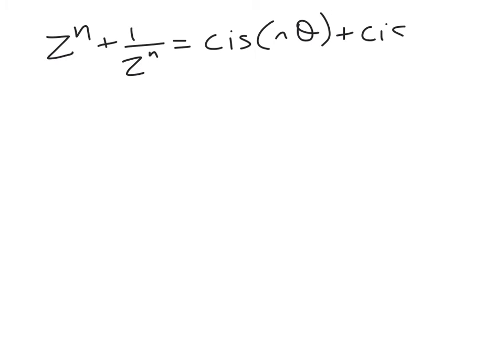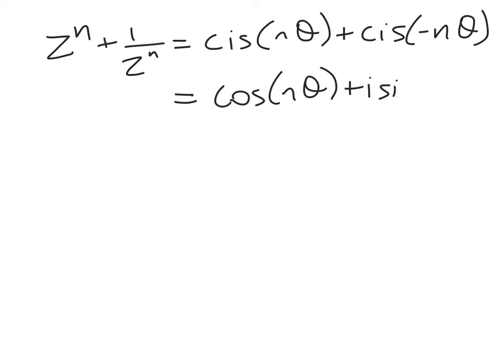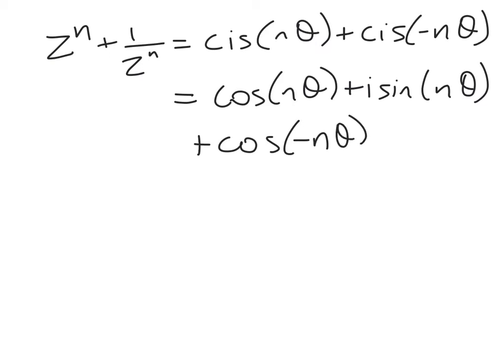So z to the power of n plus 1 over z to the n is equal to cis n theta plus cis negative n theta. Now I'm going to expand it out and get the real part and the imaginary part. So I've got cos of n theta plus i sine of n theta plus cos of negative n theta plus i sine of negative n theta.